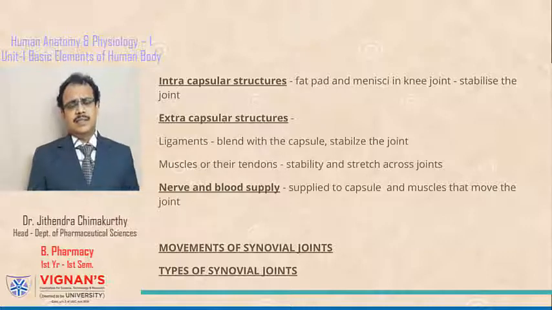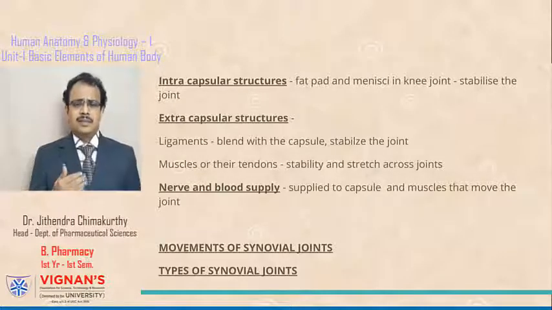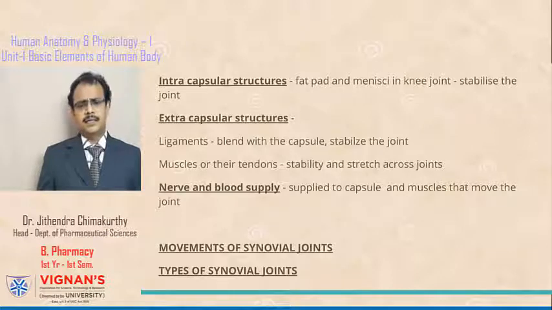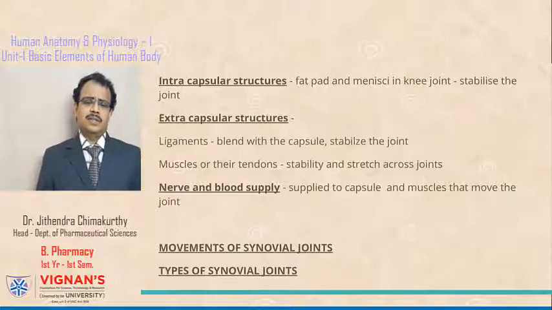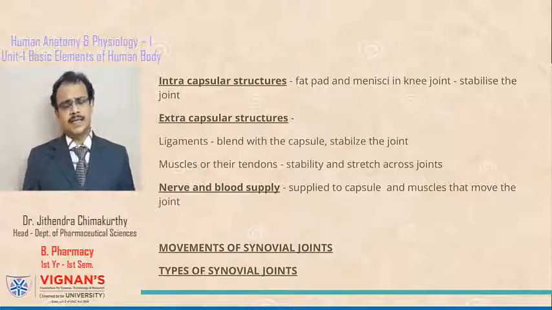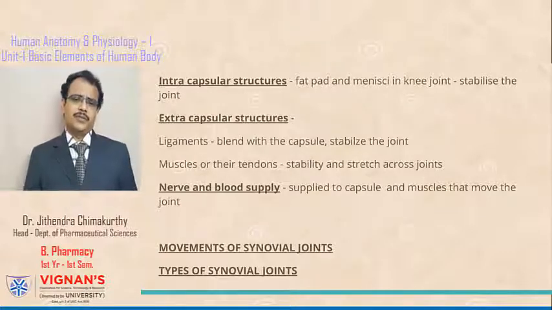Apart from this, the extracapsular structures are the muscles, ligaments, and tendons which are associated with the synovial joint. Whereas the nerve and blood supply to a joint is supplied by the same nerves and blood vessels that supply the muscles. These are the various characteristics of a synovial joint.